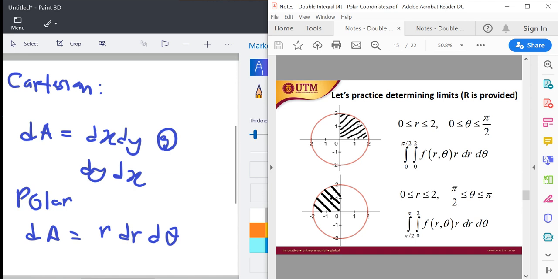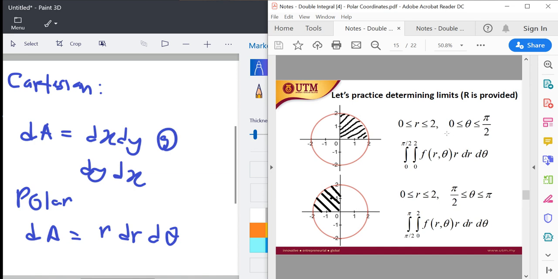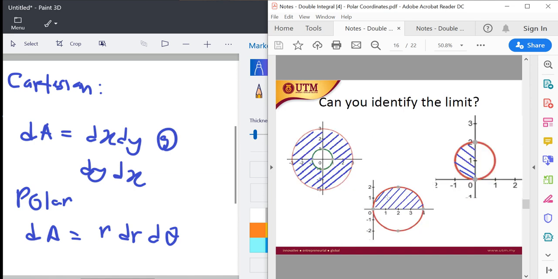This one is in the first quadrant, this one in the second quadrant. So you can practice how to get the limits for this shape and this shape. If you understand very well how to get the limits for this particular region, you can always get the limits for this region too.